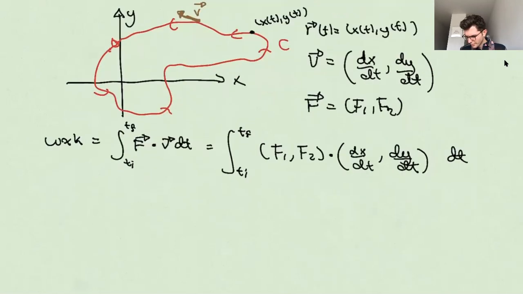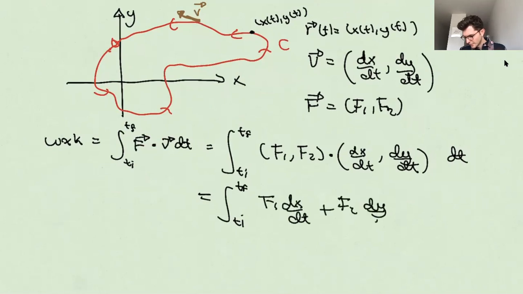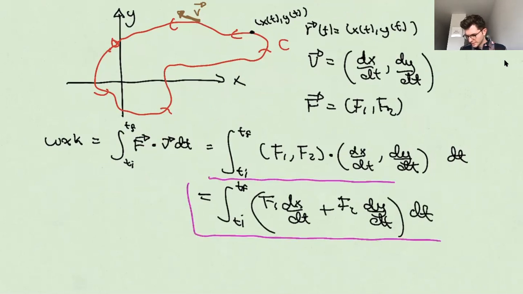And so really when you compute work, the integral that you're doing is F1 dx dt plus F2 dy dt. Okay, so this is the definition for work, or the way in which you can compute work in this case.